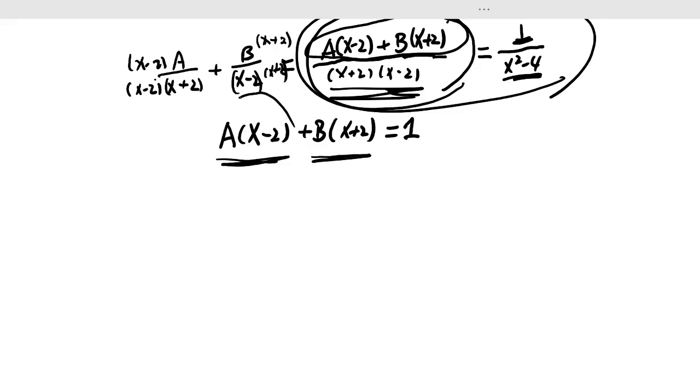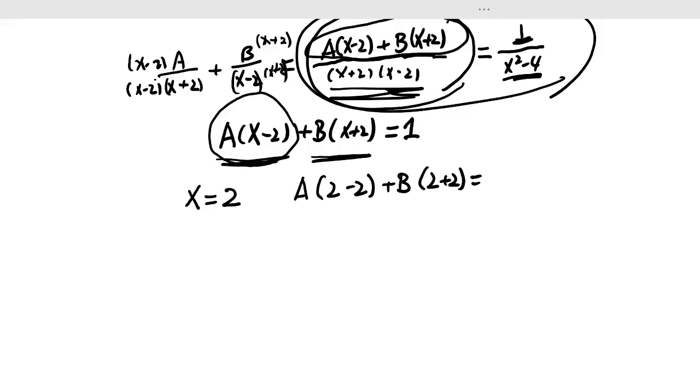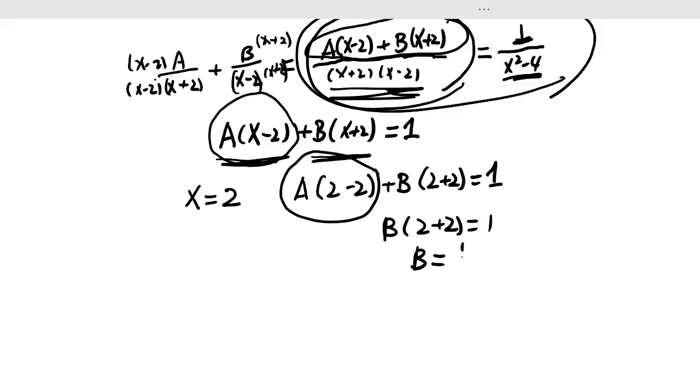In order to have the first part be 0, I have to give x equals 2, because A times 2 minus 2 plus B times, now x is 2, 2 plus 2 equals 1. Here is 0, because 2 minus 2 is 0, so the whole thing is 0. I have B times 2 plus 2 equals 1. So B is 1/4.